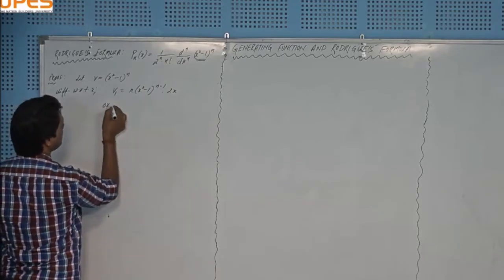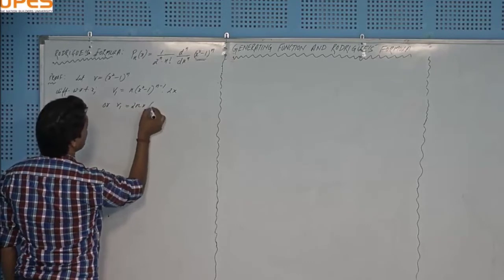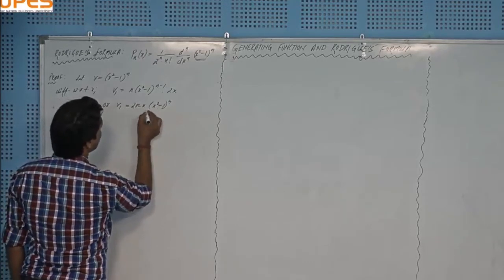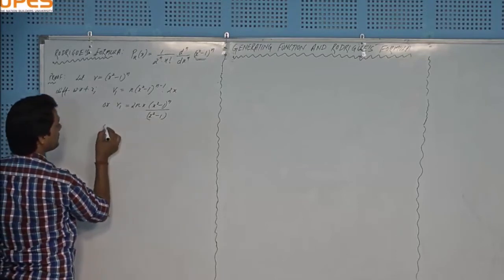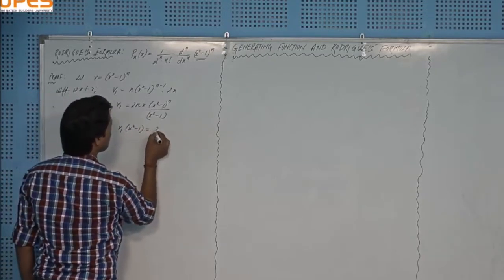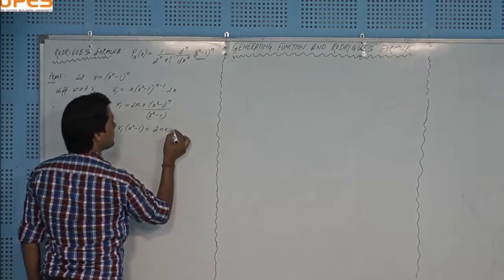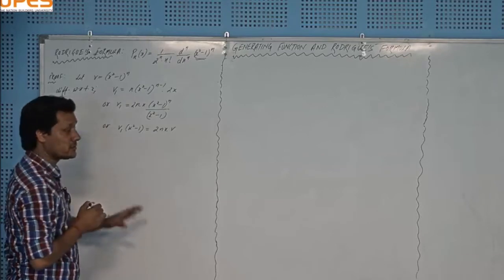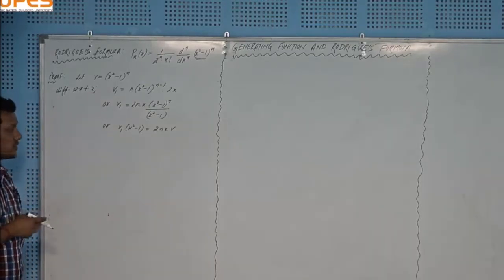So we can write it this way: v1 is 2nx times x square minus 1 to the power n divided by x square minus 1, right? So we multiply this x square minus 1 here, you will get v1 times x square minus 1 equals 2nx, and you see that this is again your v, right? Okay, right? So now I can apply that Leibniz theorem here, right, to get the nth derivative.